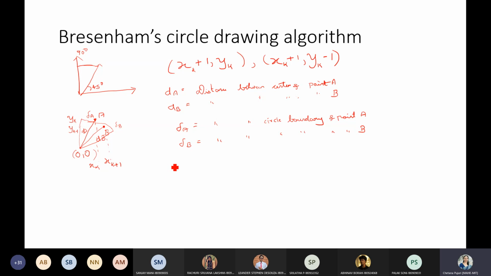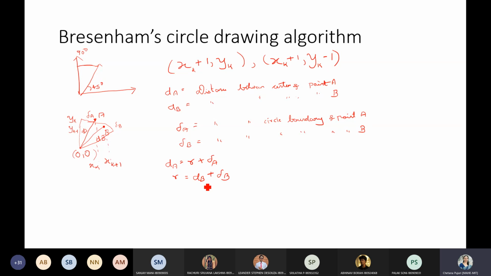So we can say that your dA is nothing but R plus delta A. Is it correct? What is R? R is the radius of the circle from your center point to the boundary. The distance is R, and delta A is from the boundary to the point A. Similarly, you can write R is equal to dB plus delta B, right?